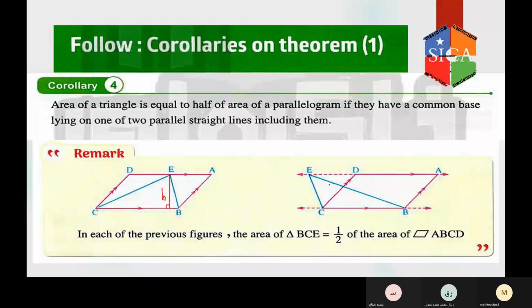The vertex of the triangle here is outside the parallelogram, but its altitude or its height is the same as the height of the parallelogram. Then the area of this triangle, the triangle EBC, equals half its base times the height, equals half BC times H.